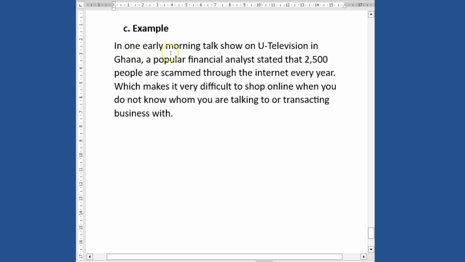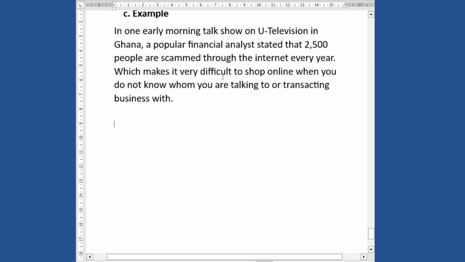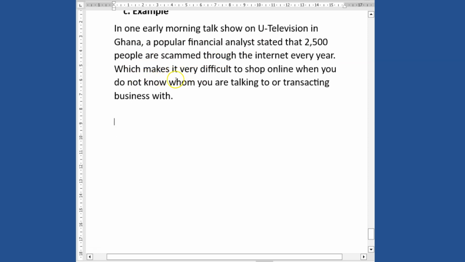In one early morning talk show on UTV in Ghana, a popular financial analyst stated that 2,500 people are scammed through the internet every year, which makes it very difficult to shop online when you don't know whom you are talking to or transacting business with.